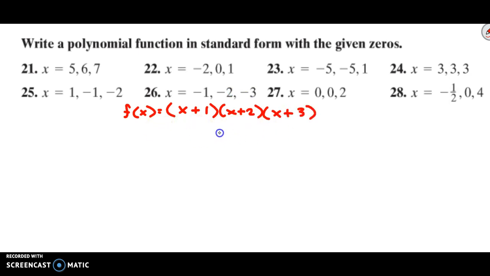Now you can begin by multiplying any of the two expressions together, and because none of these stand out as easier or more beneficial, I'm just going to go ahead and do the first two. So x to x is going to give me x squared.